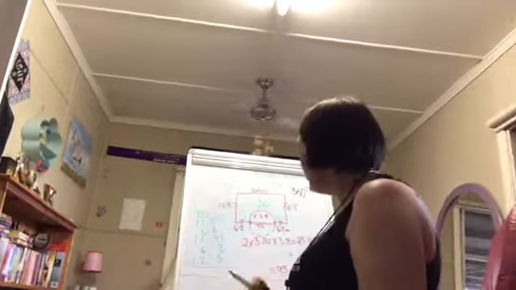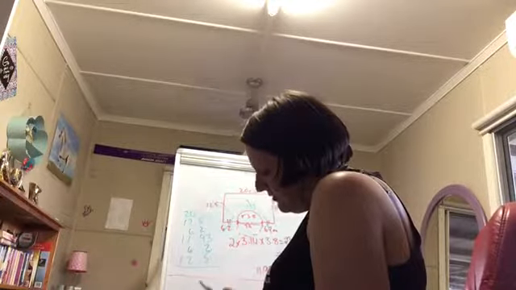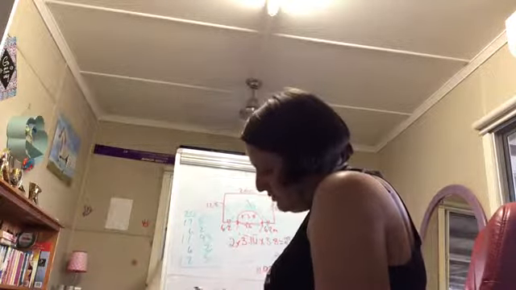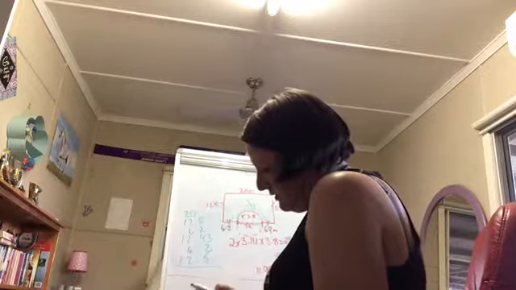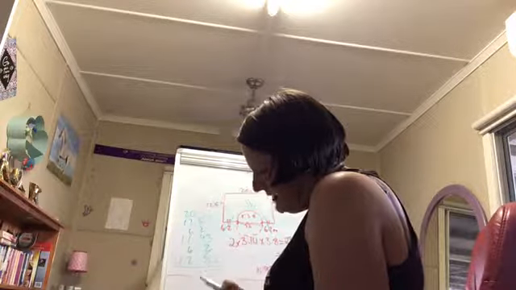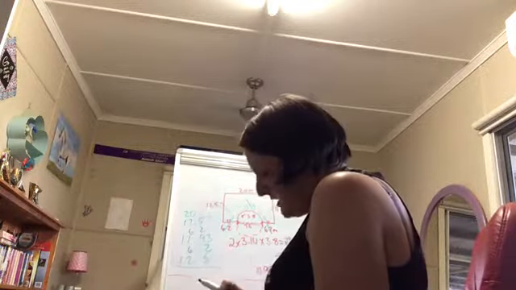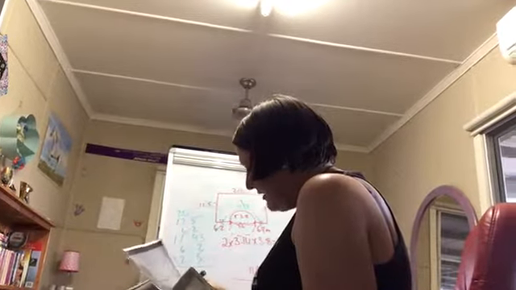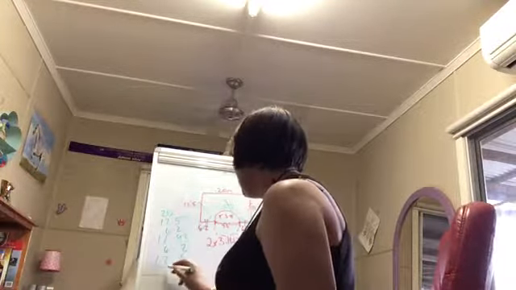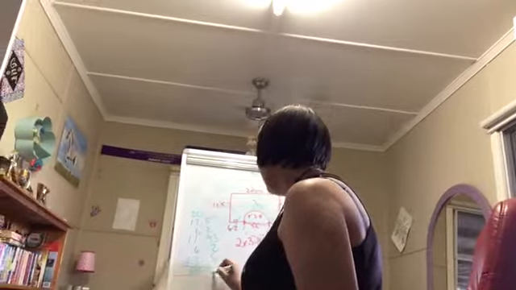Okay, so I have to add them all together. 20 plus 12.5 plus 6.2 plus 11.93 plus 6.2 plus 12.5 is 69.33 metres, and that's my answer.